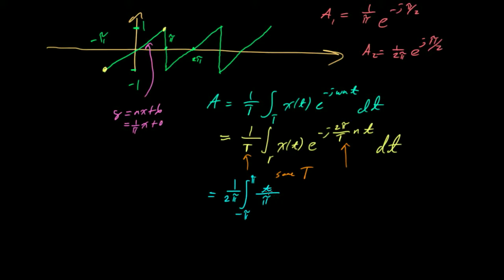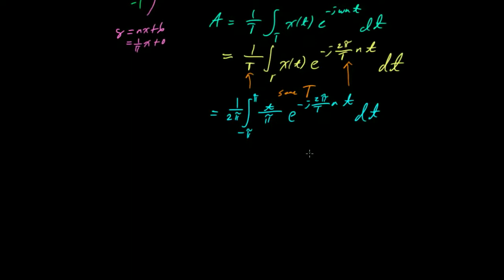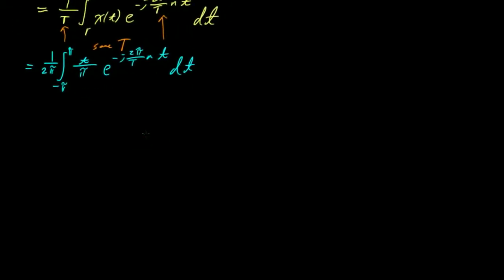Then we have e to the negative j 2 pi over T. Okay. All right, so we can rewrite this. Okay, first of all, T is 2 pi, so that 2 pi and that 2 pi cancel out.